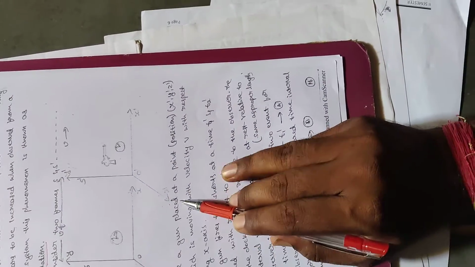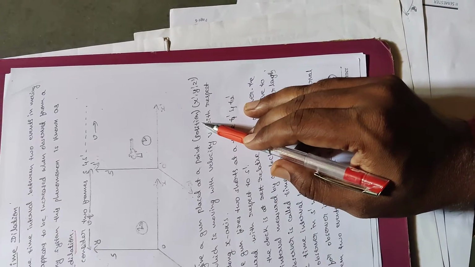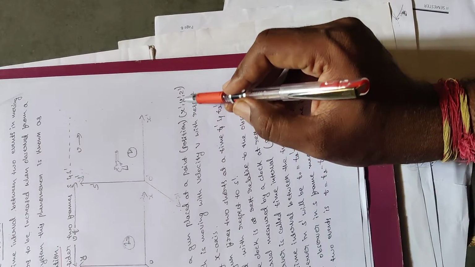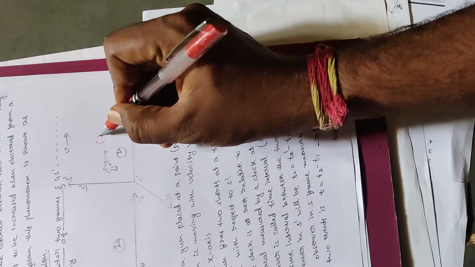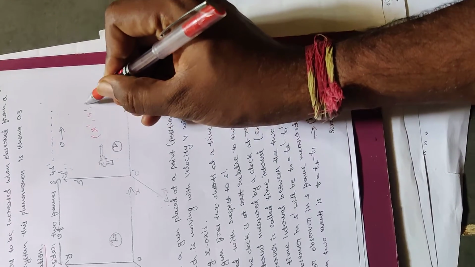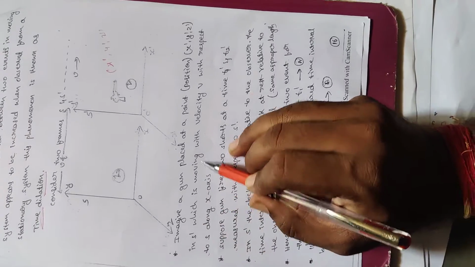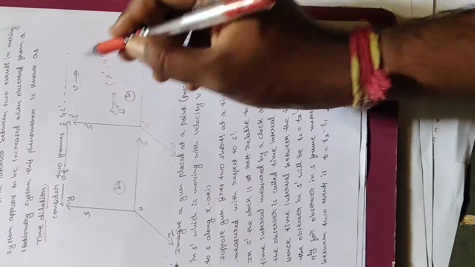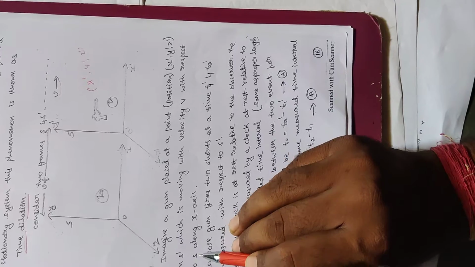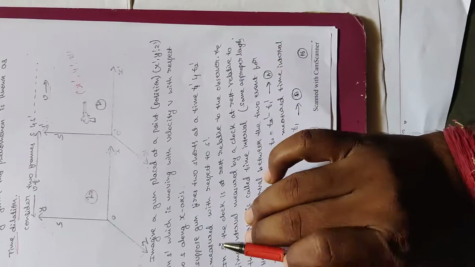Imagine a gun placed at a position x dash, y dash, z dash in S dash, which is moving with a velocity v with respect to S along the x-axis.